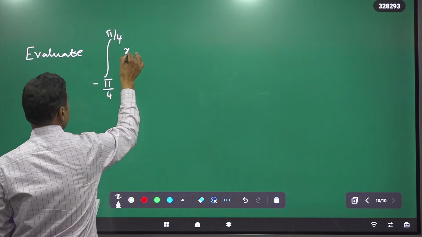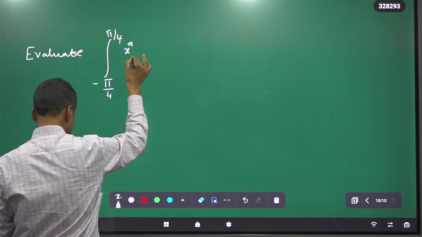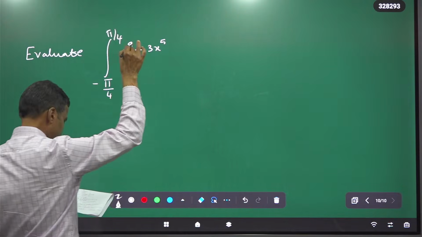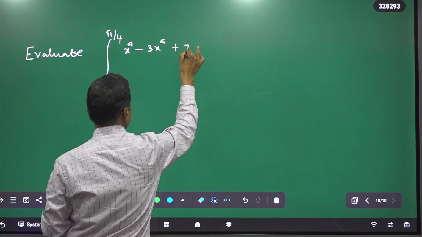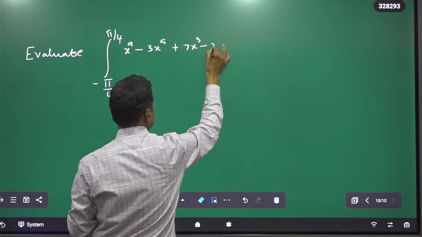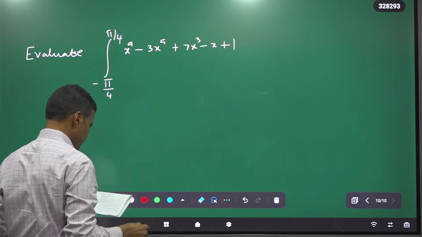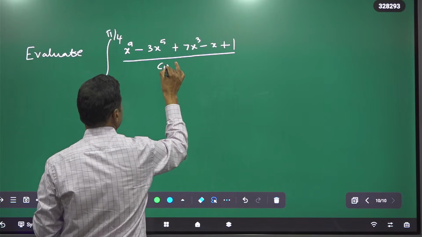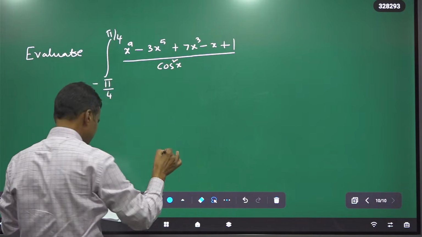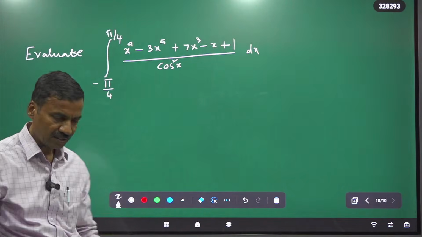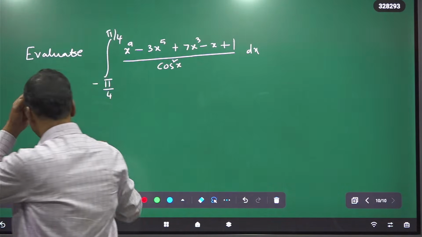Here it is given x power 9 minus 3 into x power 5 plus 7 into x power 3 minus x plus 1, divided by cos square x, dx. This is the problem given.